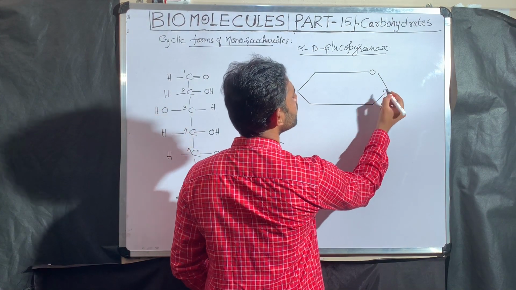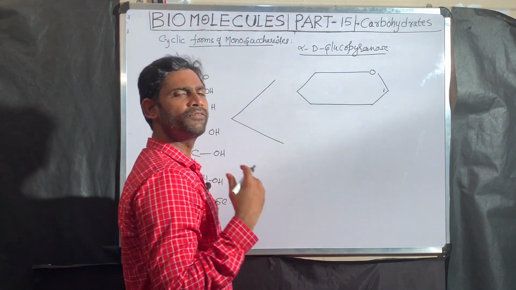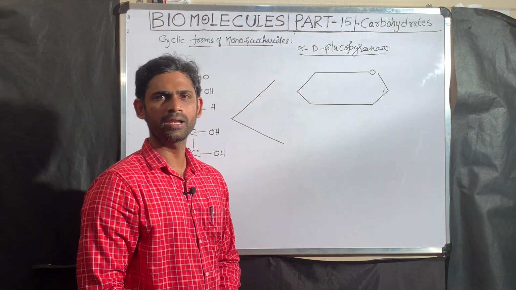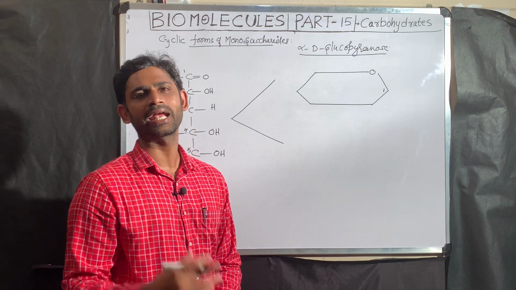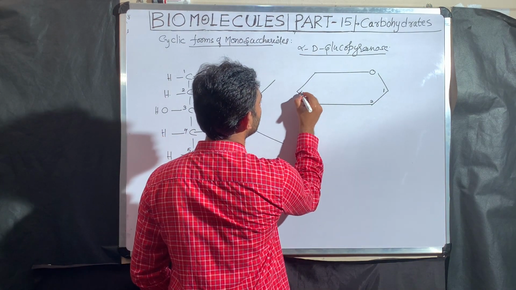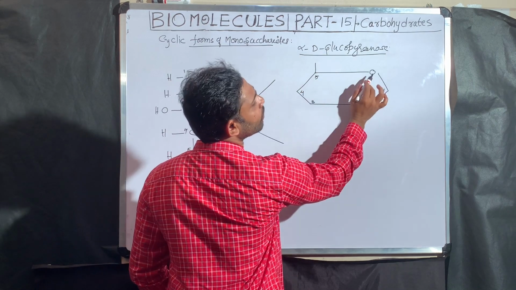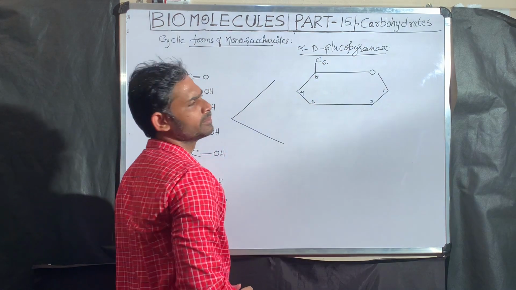That is why ring numbering has to start with the functional carbon. If you are writing an aldose sugar, you should start the ring with number 1. If you are writing a keto sugar, you should start the ring with 2. First carbon, followed by second, third, fourth, fifth, sixth. This is the oxygen. Now the sixth carbon, C6, let it be.